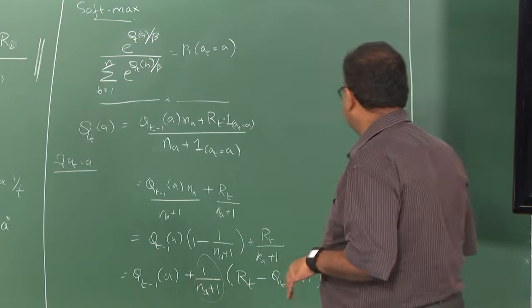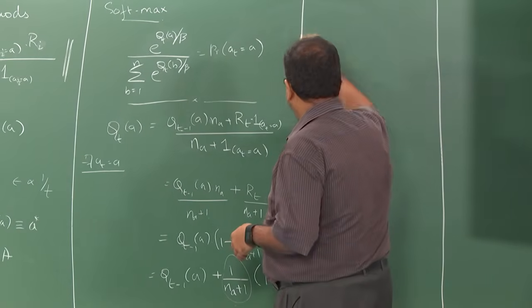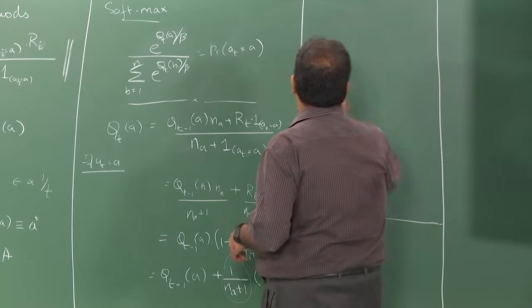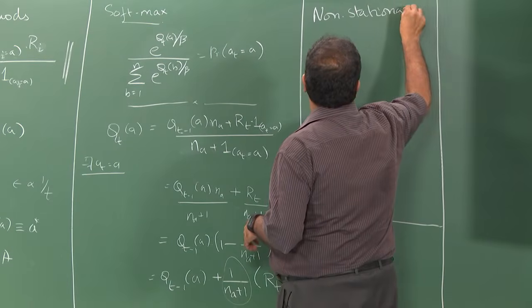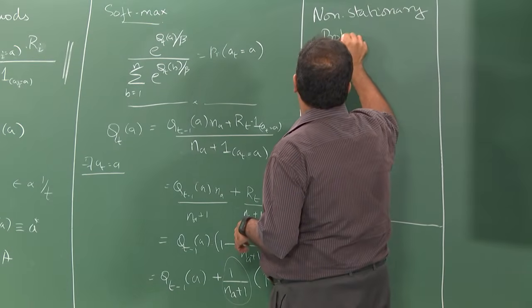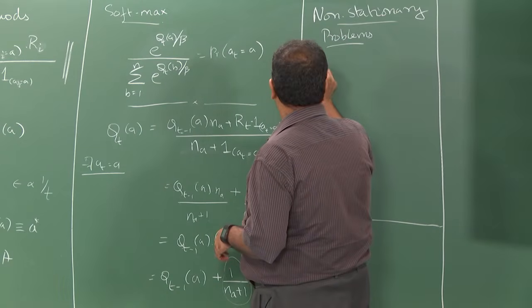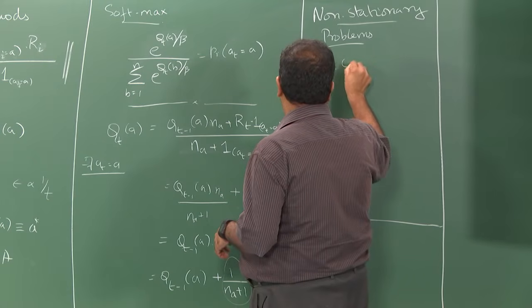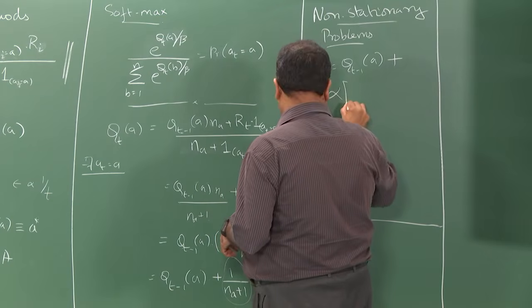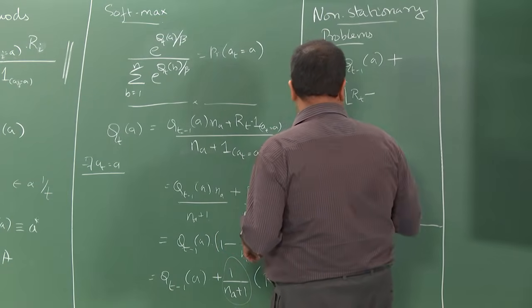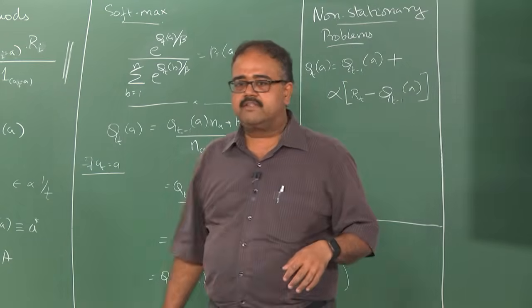So what do I do in such cases is, use a constant step size alpha, where alpha is less than 1.